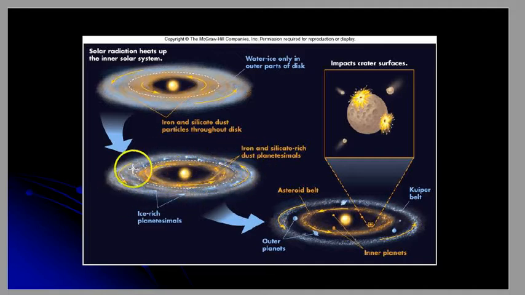Out here, you have iron, silicate dust, and ice gathering together. And gradually, as this pulls more and more material together, you get your outer planets, which have swept out all the gases in that area, and you get your inner planets, which have done something similar.